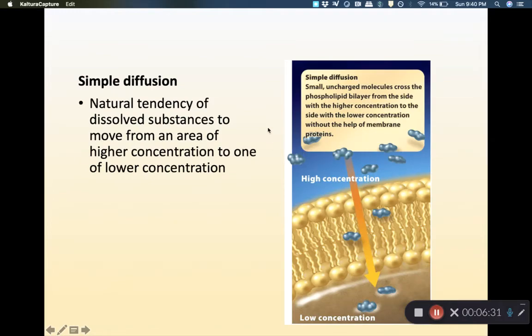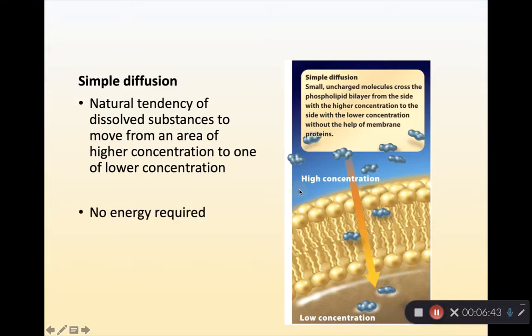Simple diffusion occurs when you have this natural tendency of dissolved substances to move from an area of high concentration to an area of low concentration. What's important about passive or simple diffusion is there's no energy required by the cell for this. And again, this keeps the overall structure of the cell constant.